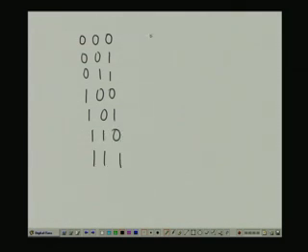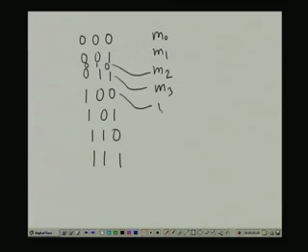The last day we defined these as the terms M 0, M 1, M 2, M 3, M 4, M 5, M 6 and M 7.